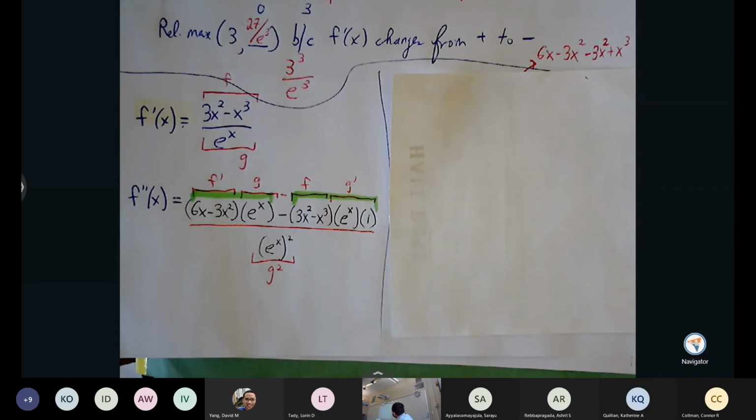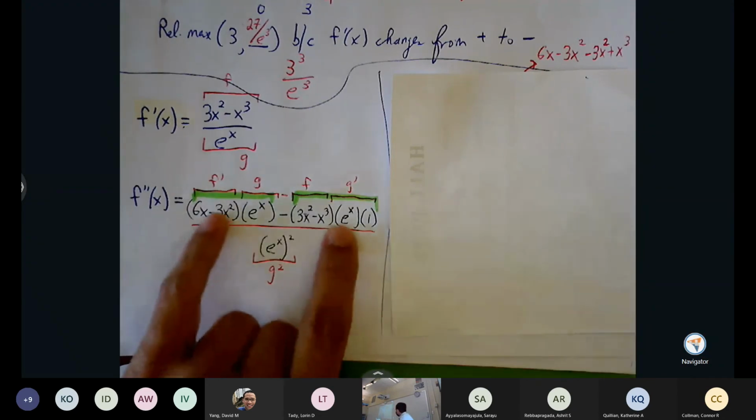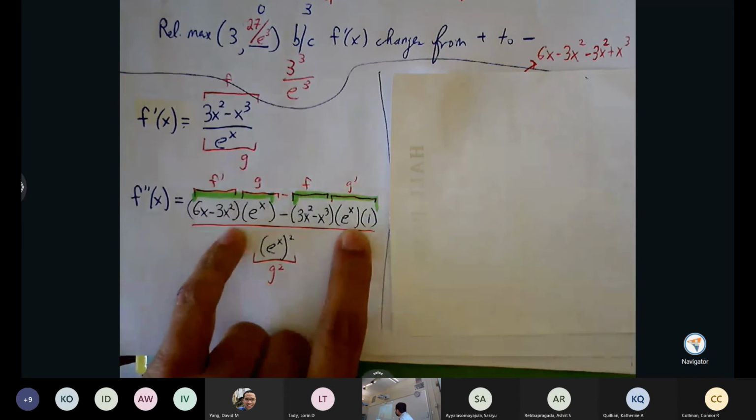You can definitely distribute and combine some like terms, but I looked at this and said, I'm just going to pull an e to the x out between this expression and this expression.